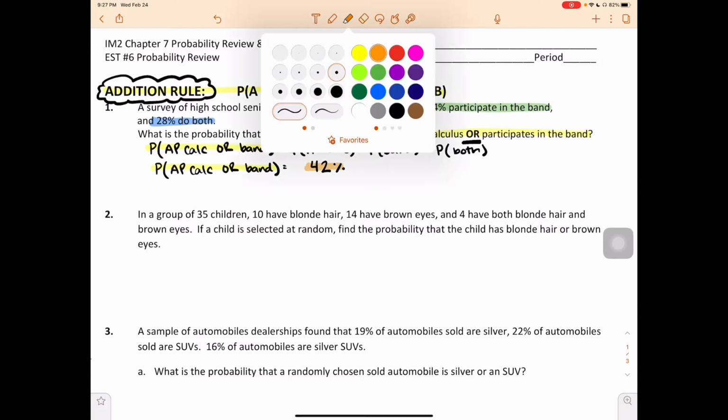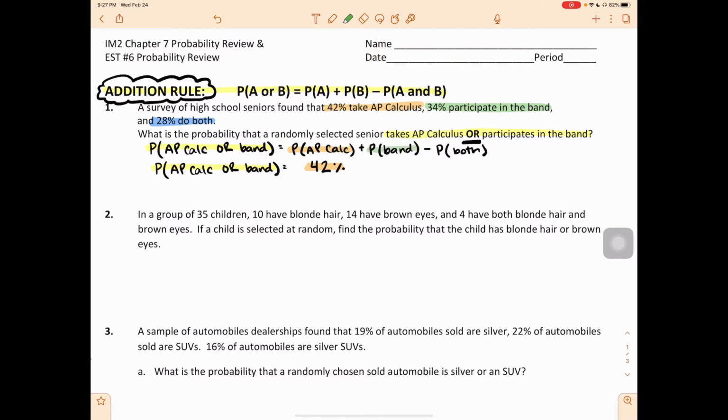And then participating in the band, the probability of a student, a senior specifically, participating in the band is 34%. So we're going to write 42% plus 34%, and then minus the probability that a student is in both so that they're not double counted, since they're already counted in the AP Calc probability and in the band one, right?